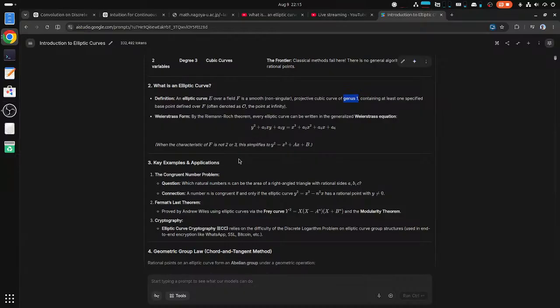Which natural numbers n can be the area of a right-angled triangle with rational sides a, b, c? A number n is congruent if and only if the elliptic curve y squared equals x cubed minus n squared x has a rational point with y not equal to 0. Okay, that went over my head.